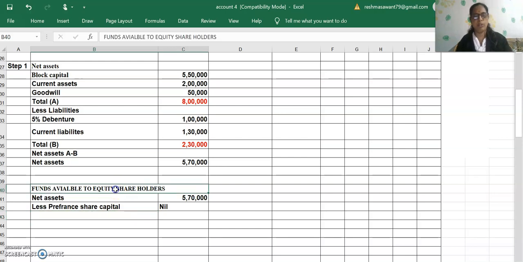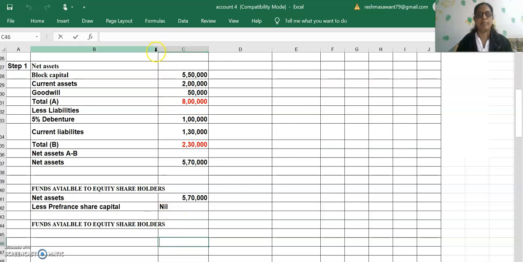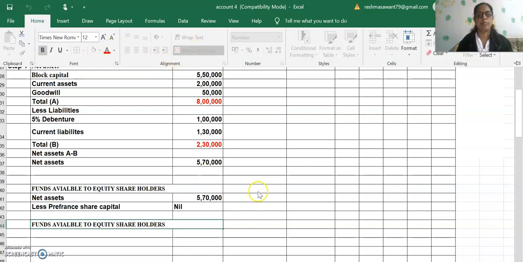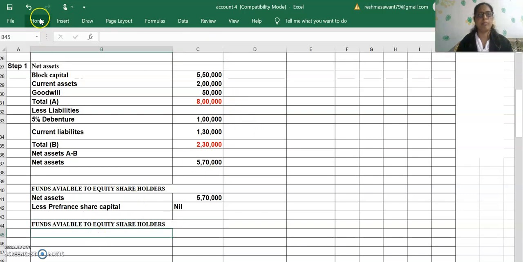Funds available to equity shareholder will be 5,70,000 as it is.